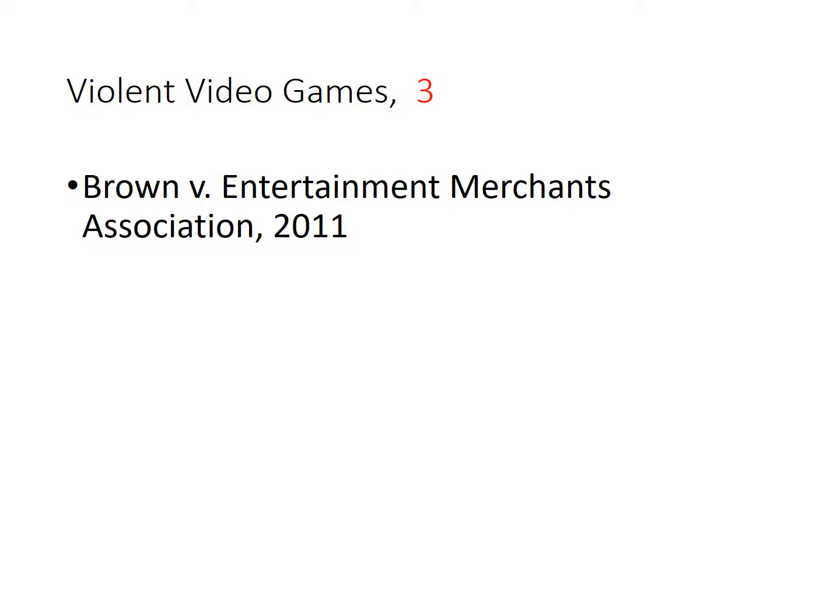But this example here that I'm sharing with you is one more example of how the courts can override or overturn elected bodies. In this case, they're overturning a decision, a law made by the California legislature. So the California legislature had passed a law that would ban the sale of violent video games to anyone under the age of 18.